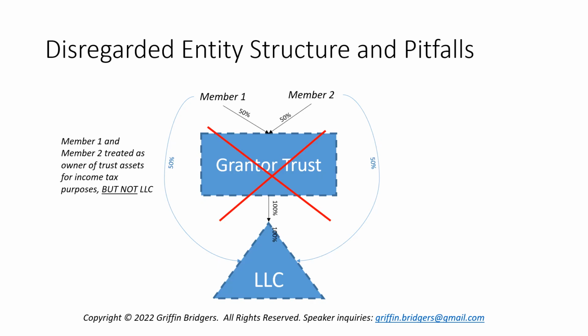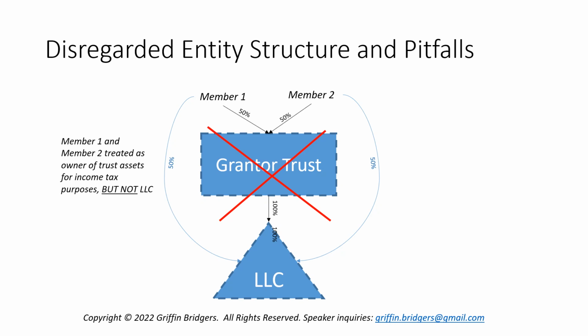So what does this look like? Well, here we have member 1 and member 2 who put their 50% ownership interests into a Grantor Trust, which results in what you'd think of as a disregarded entity structure with respect to the LLC after the fact, because after all, the Grantor Trust now owns 100% of the LLC.